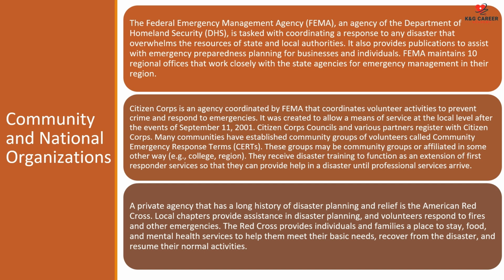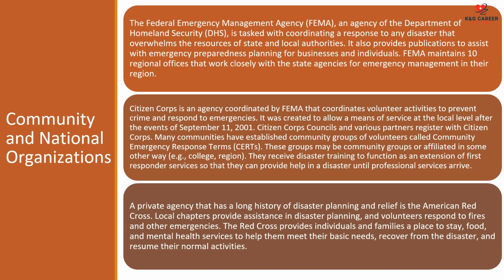Many communities have established community groups of volunteers called Community Emergency Response Teams. These groups may be community groups or affiliated in some other way, for example, college or region. They receive disaster training to function as an extension of first responder services so that they can provide help in a disaster until professional services arrive.